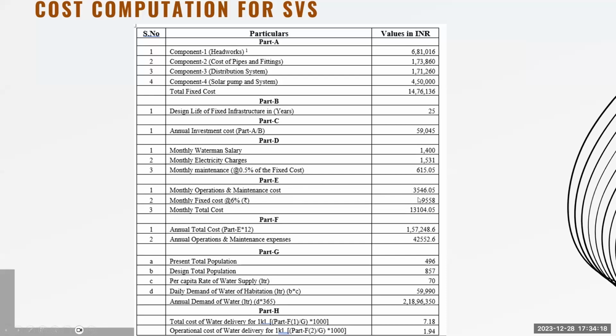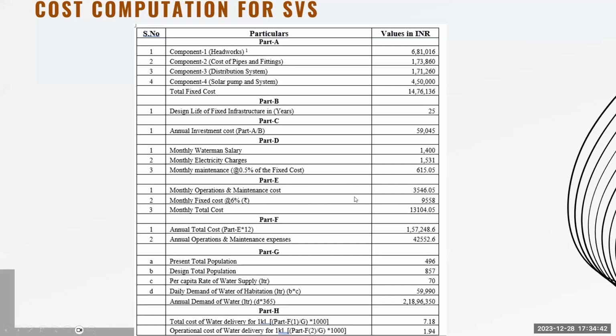So then we can calculate the monthly operation and maintenance cost, which is 3,546. So summing it up, the monthly fixed cost is 9,558, which is actually annualized, so annual amortized cost. So monthly total cost is about 13,104.